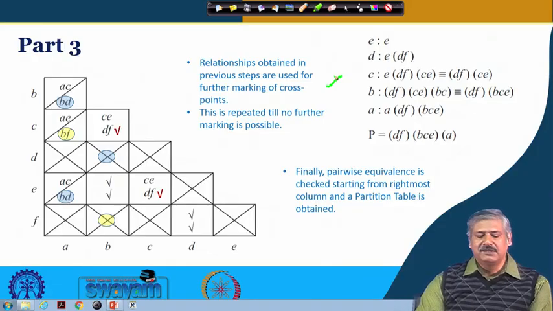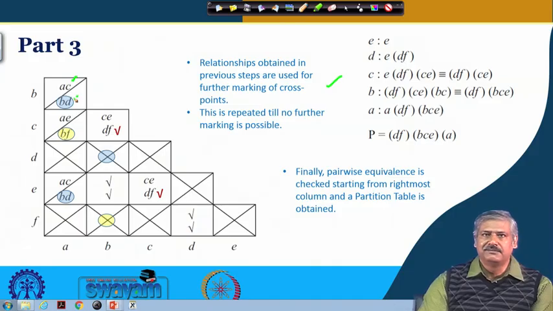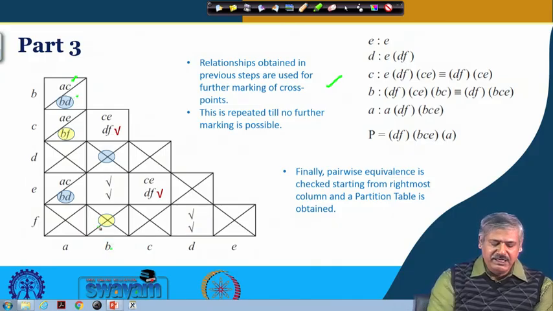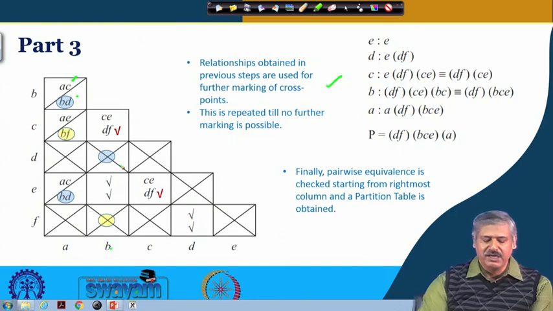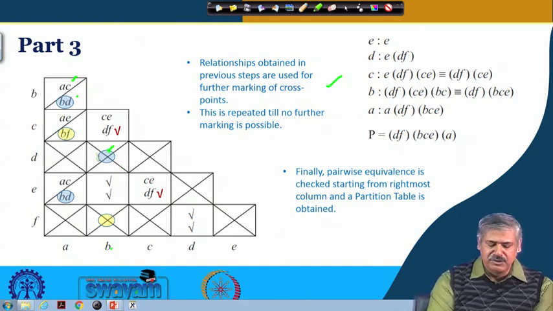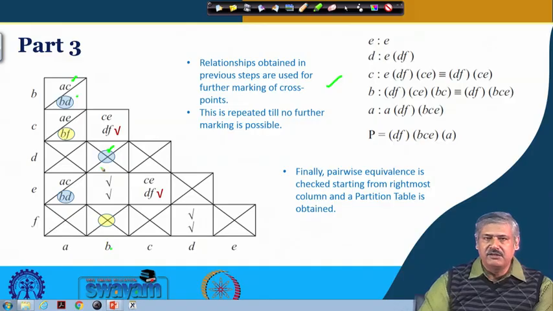Now, we had seen that for A and B to be equivalent, AC and BD need to be equivalent, that we have seen, right. But we have also seen that B and D cannot be equivalent because the outputs are not equivalent. Okay. So, this is the blue circle that I have shown here. So, this is saying that B and D cannot be equivalent.